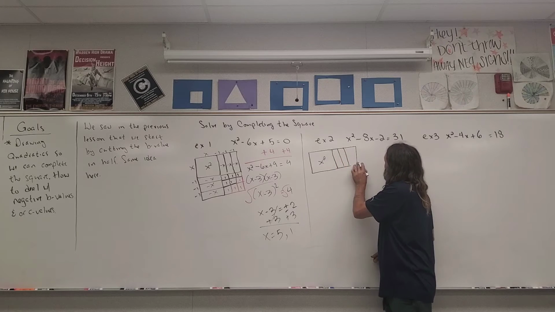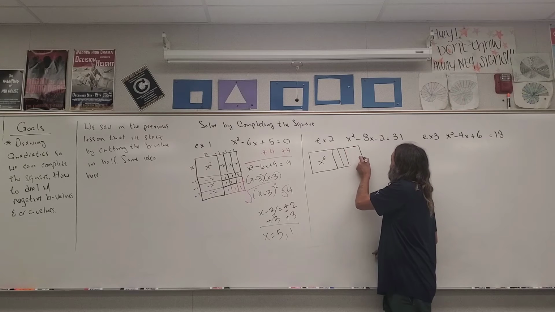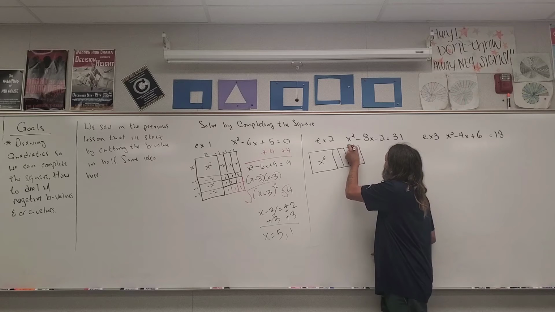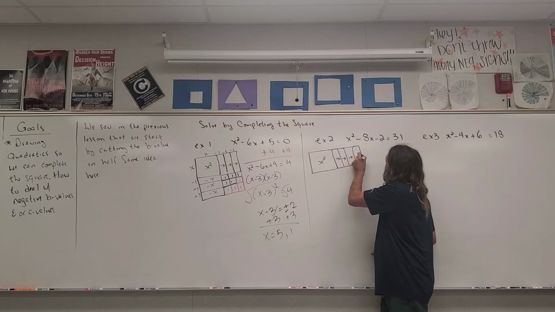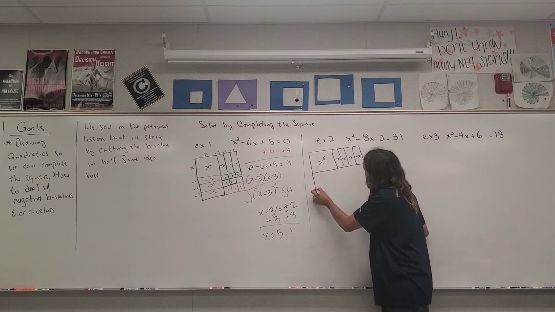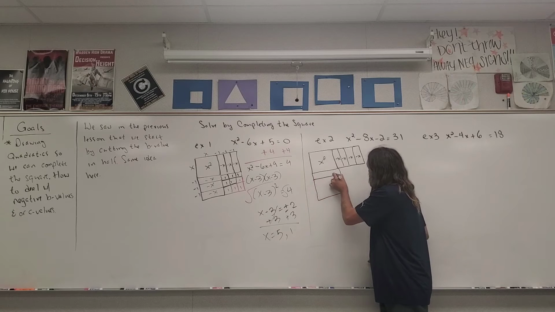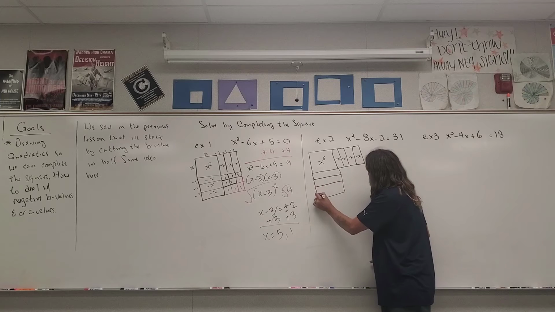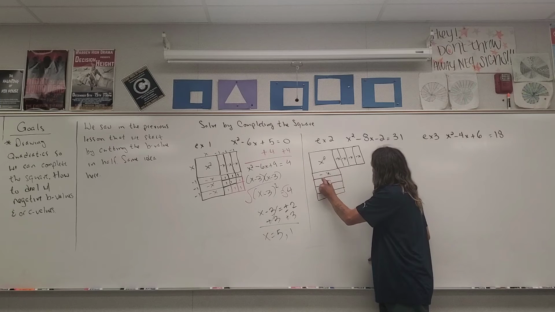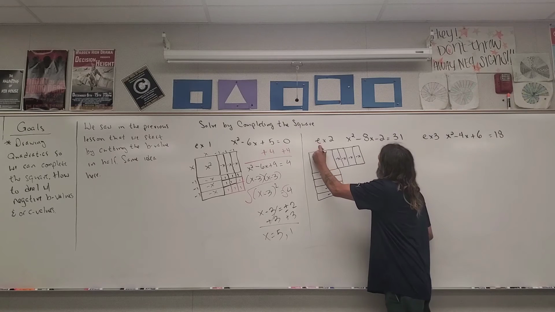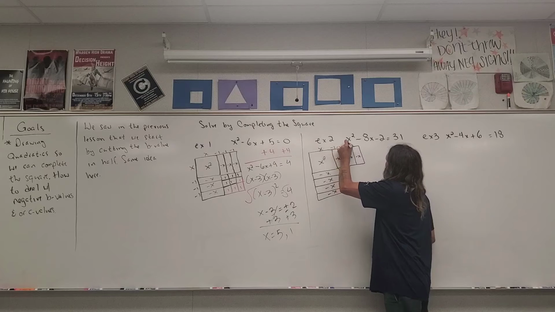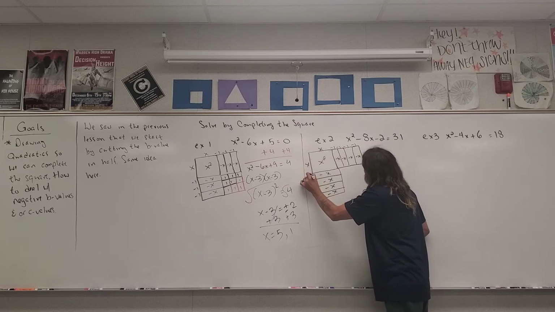I can see this is already off. Minus 4x's. I get the minus 4 and the minus 4 by cutting that in half. My side lengths are going to be x minus 4 and x minus 4 again.